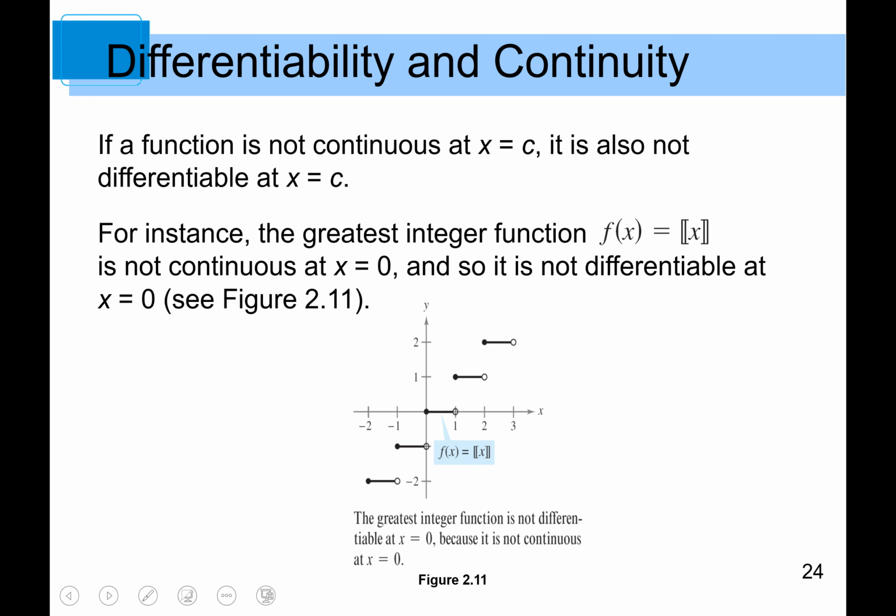If a function is not continuous at x equals c, it is also not differentiable at x equals c. So, not continuous, not differentiable.